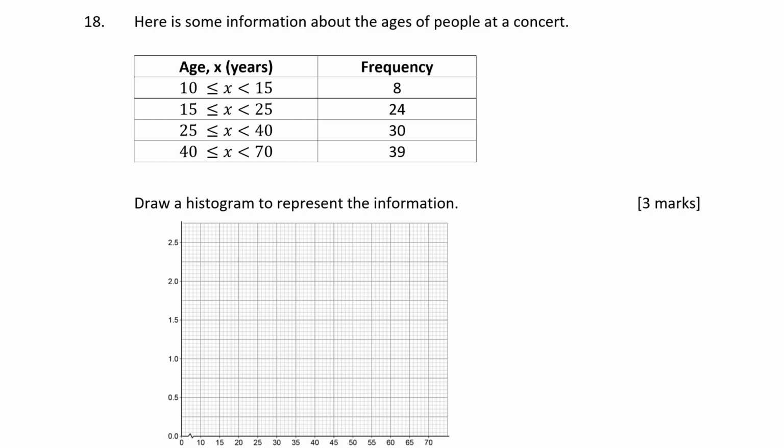Okay, so with a histogram, we are going to be using the width of the bar, and we're going to work out frequency density. I'm just going to write that down as FD. I'm going to use the structure they've given me for the table, make it a bit bigger, and add another couple of columns on the end.